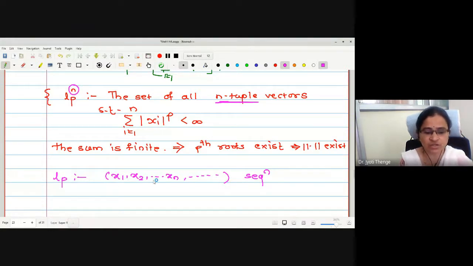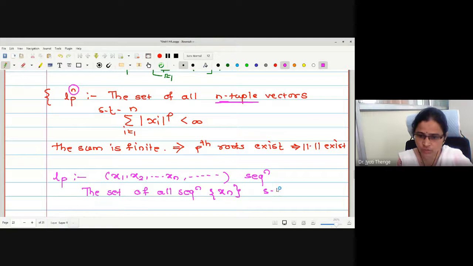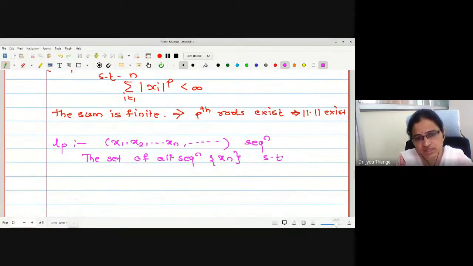And what is the condition on the sequence? Here I will write LP is the set of all sequences xn such that, what such that? Again this sum is less than infinity. But what is the range of your i? It runs from 1 to infinity. Now try to understand the change.